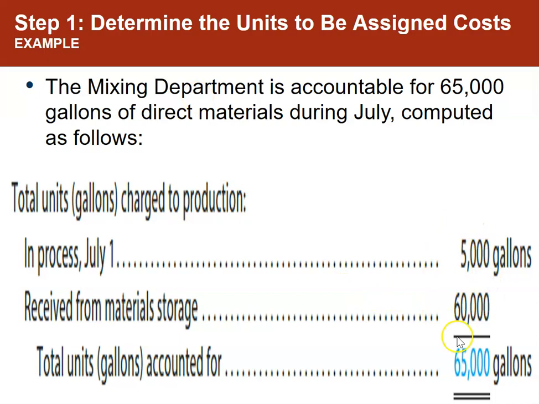And when we add these two figures, our beginning materials and our addition in materials, we have total units, or gallons in this particular case, to account for: 65,000 gallons of materials. All right. So simple enough so far.